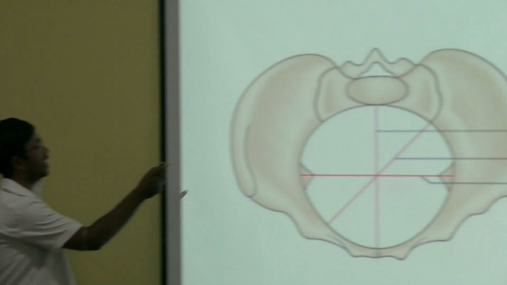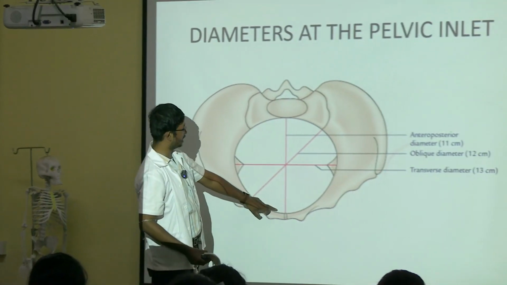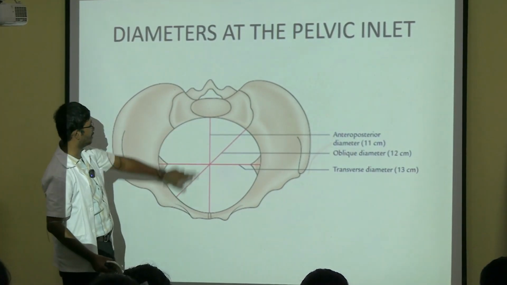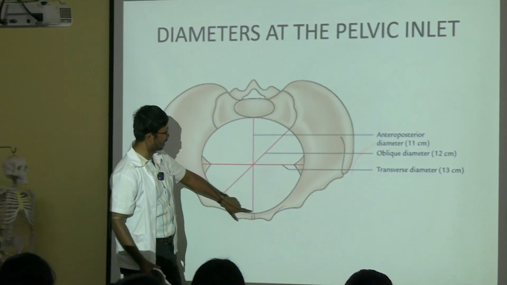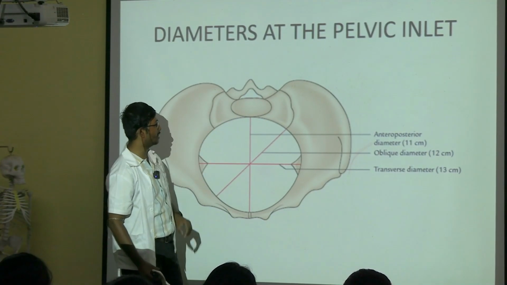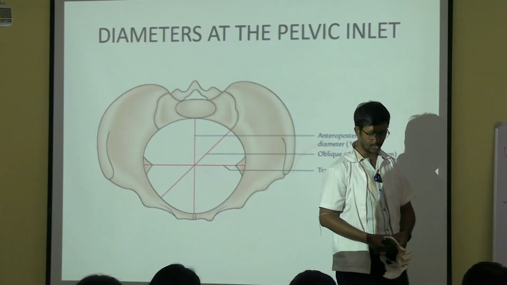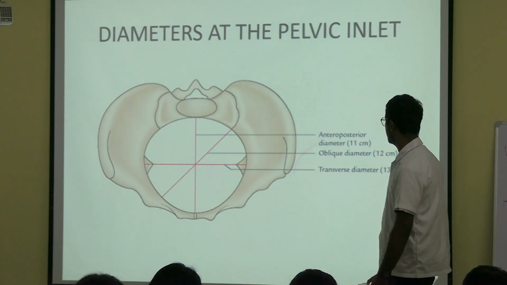Now these are the antero-posterior diameter as well as the transverse diameter. This is the antero-posterior diameter of your pelvic inlet, starting from your pubic symphysis up to your sacral promontory, which is around 11 centimeter. Here you can see that this antero-posterior diameter is the shortest diameter in the case of your pelvic inlet.